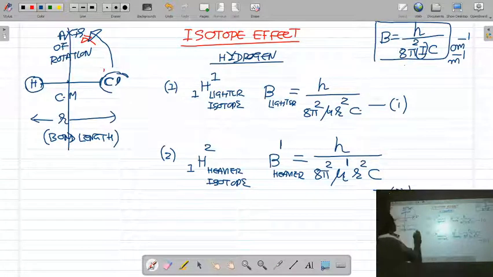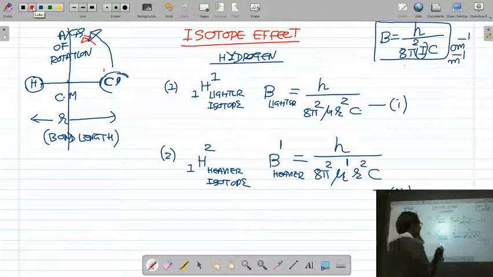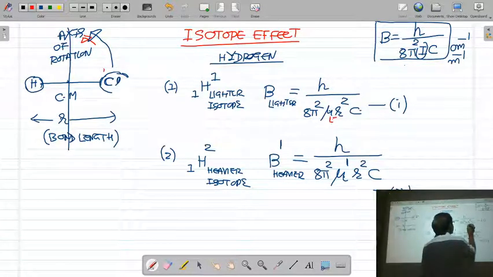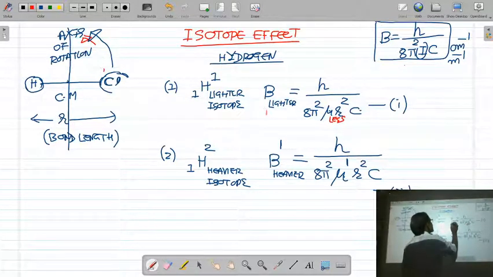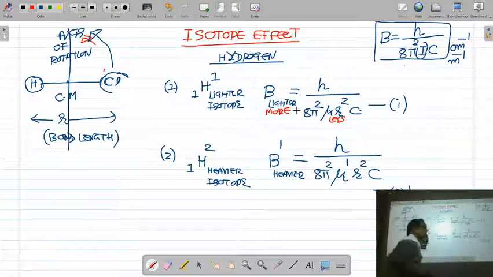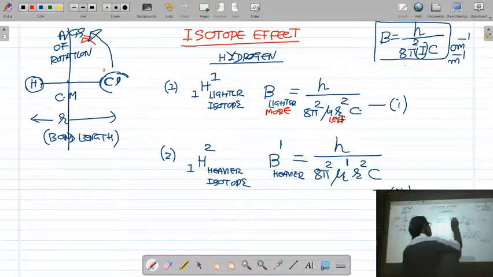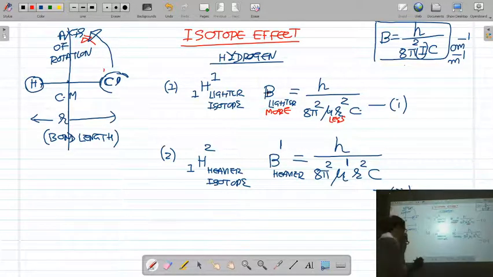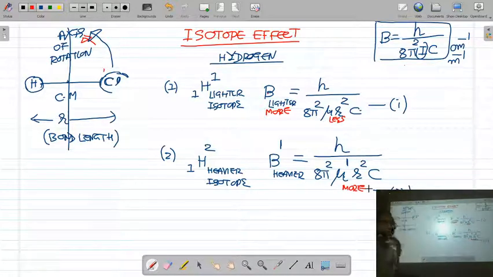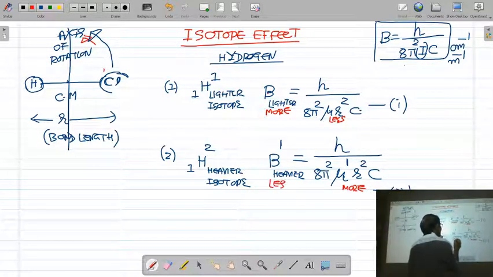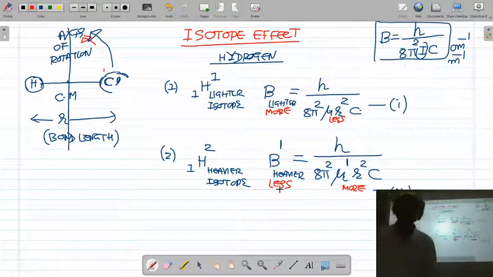You can see that the reduced mass of the lighter isotope is less, therefore its rotational constant will be more, because it is in the denominator. The reduced mass mu dash of the heavier isotope is more, therefore its rotational constant will be less. So for different isotopes, the value of rotational constant B is not the same, it is different.